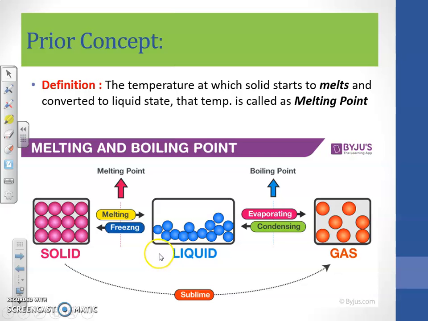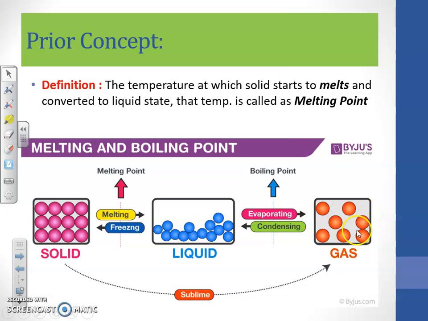For example, take water. The solid state is ice. Ice subjected to melting becomes water, the liquid state. If you heat the water, it absorbs further energy and evaporates to steam.